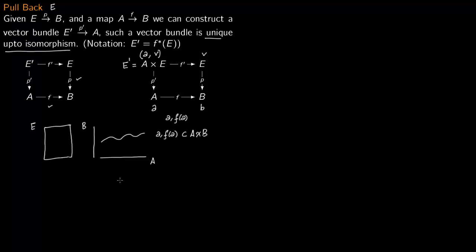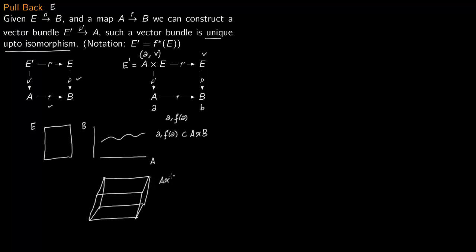You will just take this E, and this is our E, and then you will make it A times E. So I've constructed A times E.